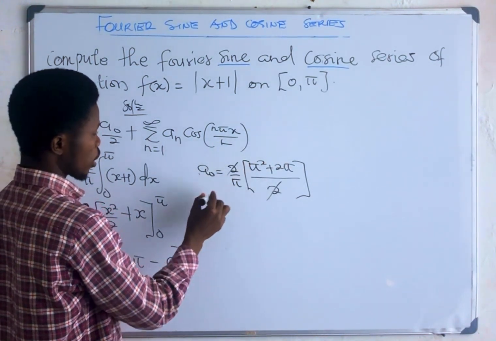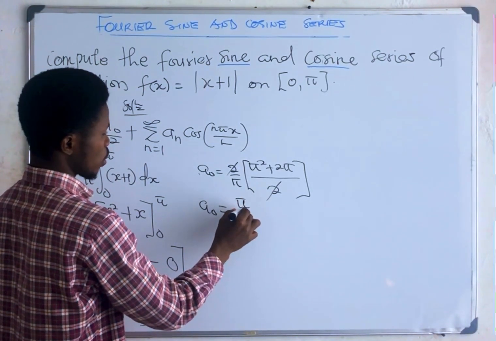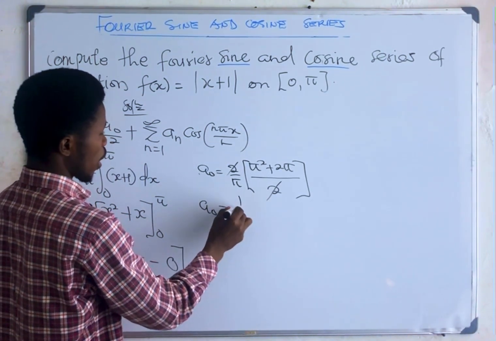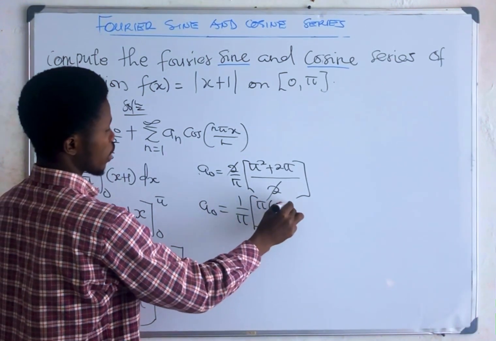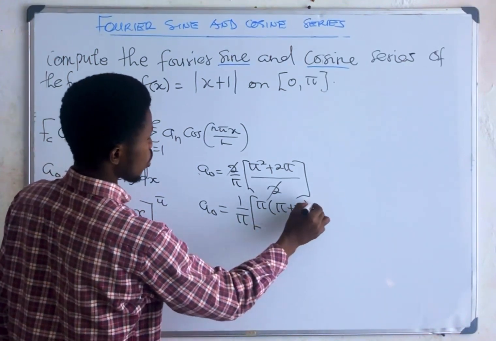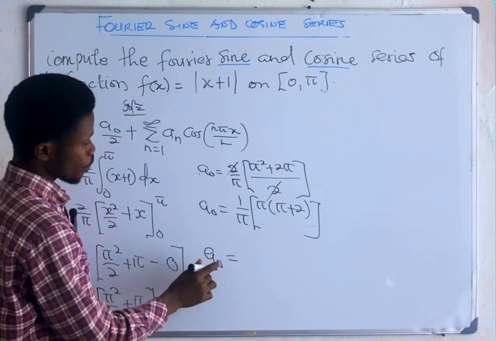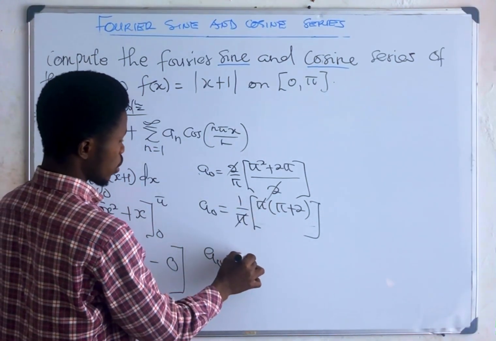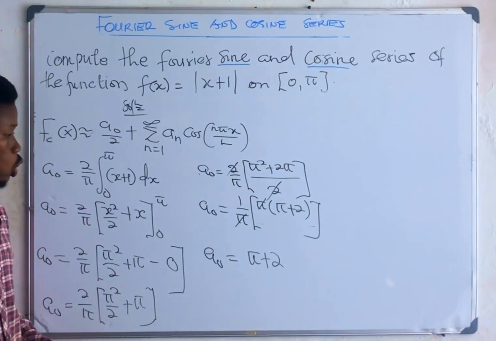And here if I factorize pi out, I have 1 over pi times pi out, pi plus 2. So this cancels this, and I have pi plus 2. So this becomes my a naught.